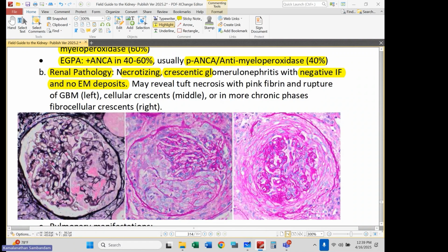Okay, this is obviously a silver stain. This smudgy pink stuff is the necrotic segment of this glomerulus. Okay, so this is an area of necrosis, right? And then you can, of course, have the crescents that are present.